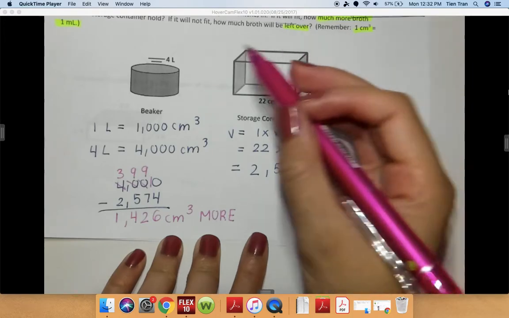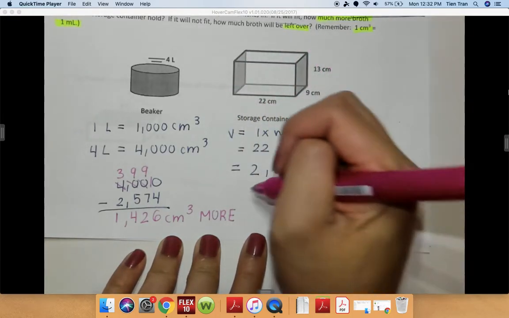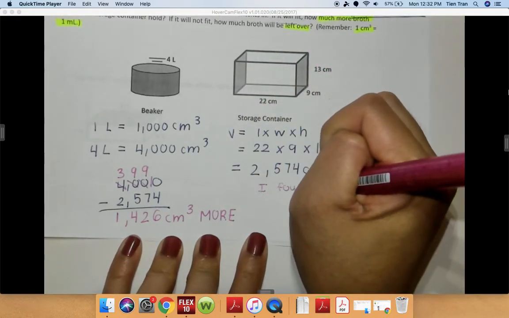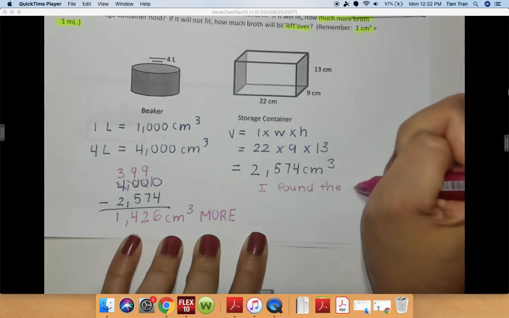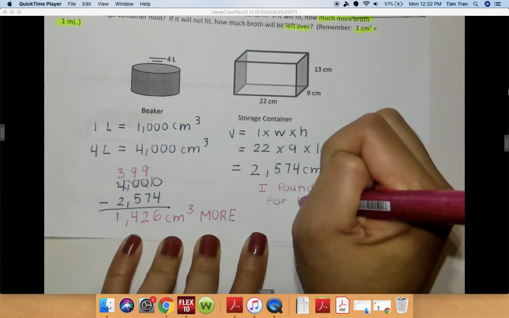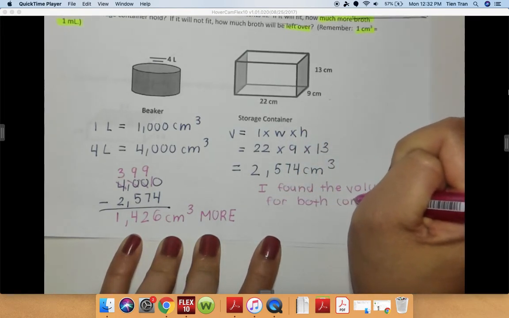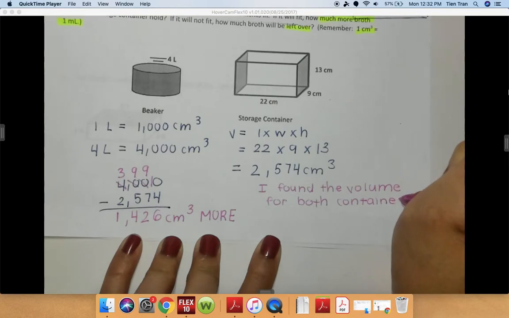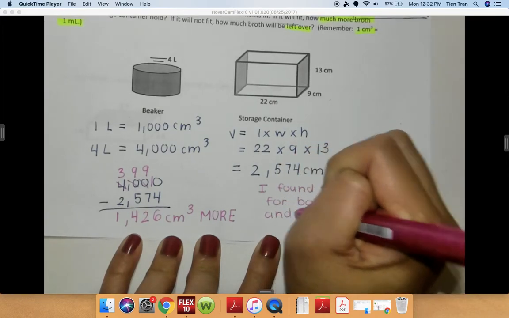Okay, so I found the volume for both containers and subtracted.